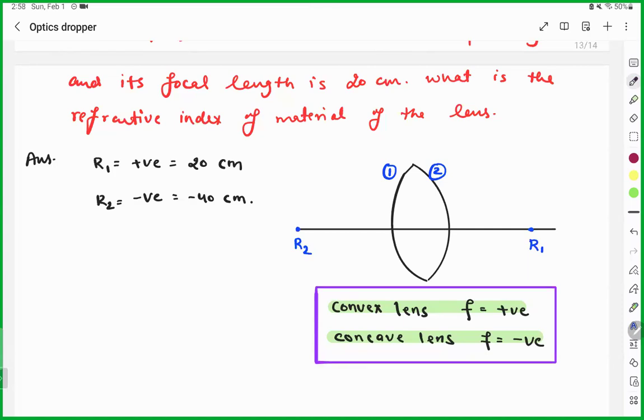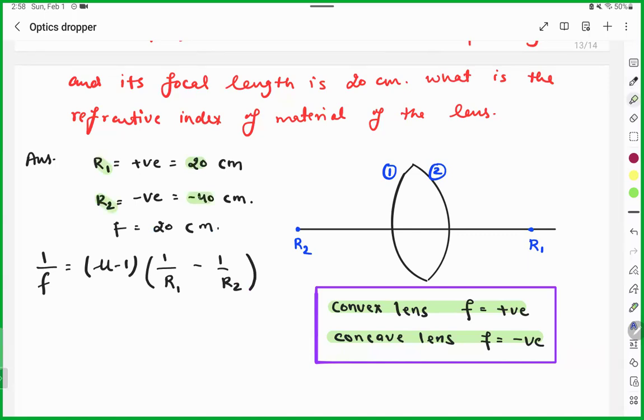Okay, so the formula is 1 by f is equal to mu minus 1 times 1 by R1 minus 1 by R2. In this case focal length is positive, and with the R1 and R2 values, you just have to put them in the formula.